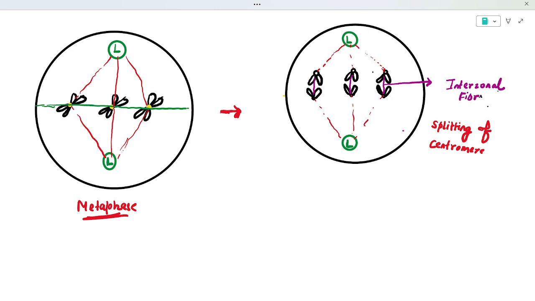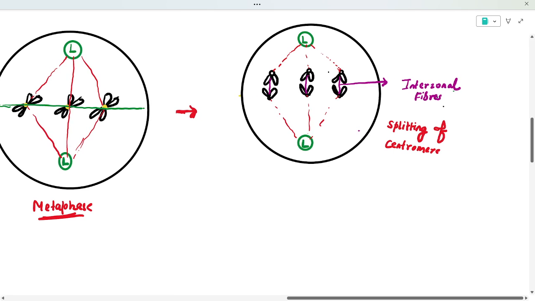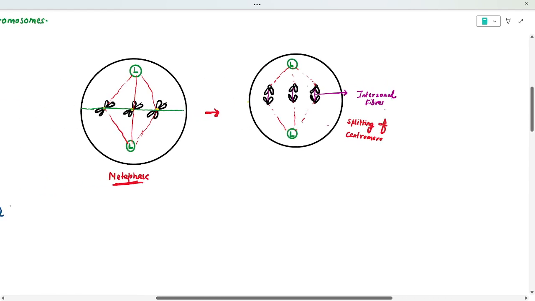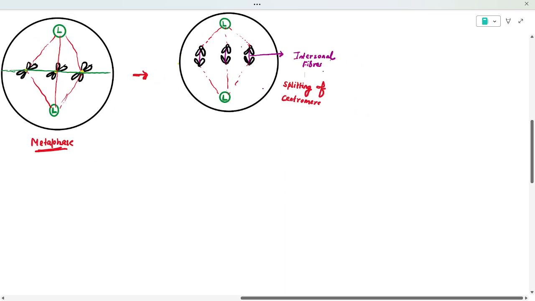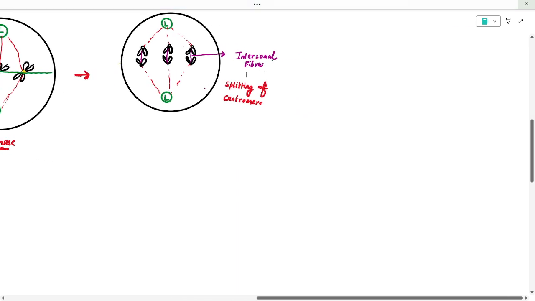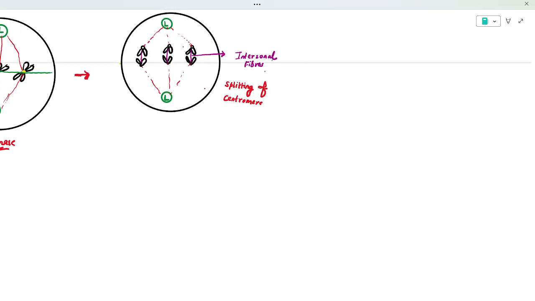With the formation of these fibers, splitting of the centromere was easy. Just now I told there will be elongation of these interzonal fibers. Let's understand that.